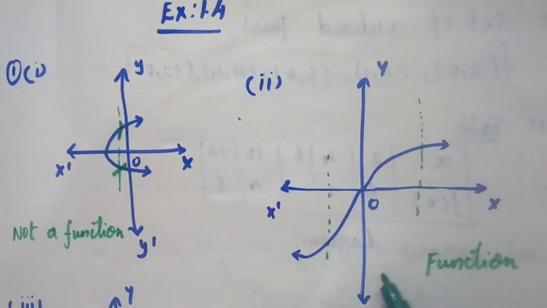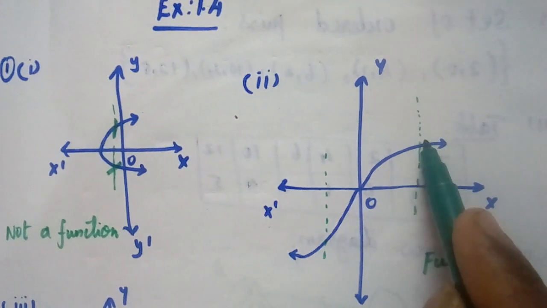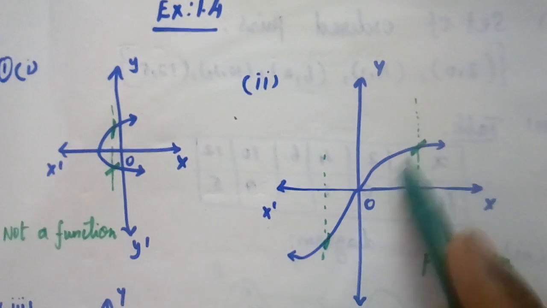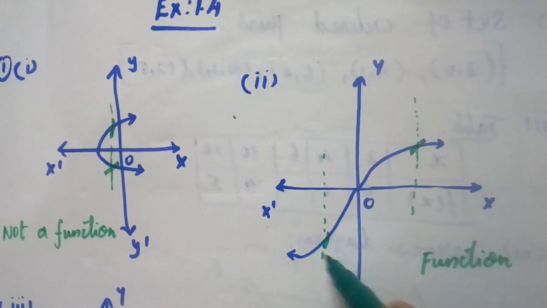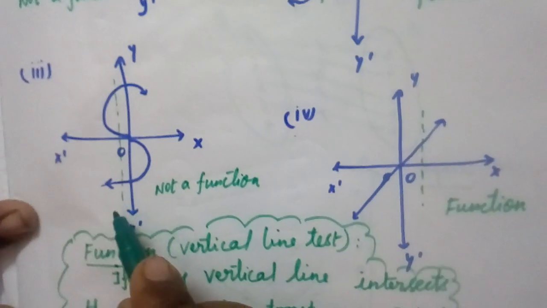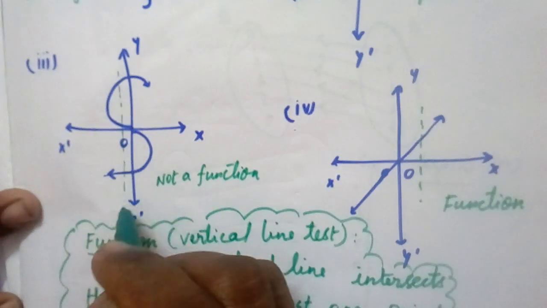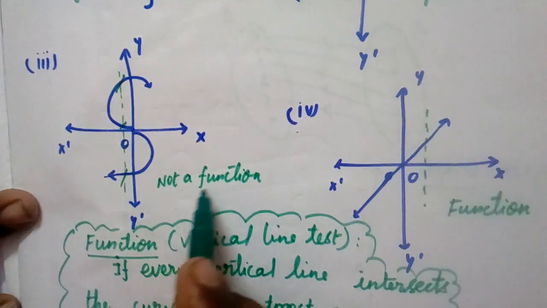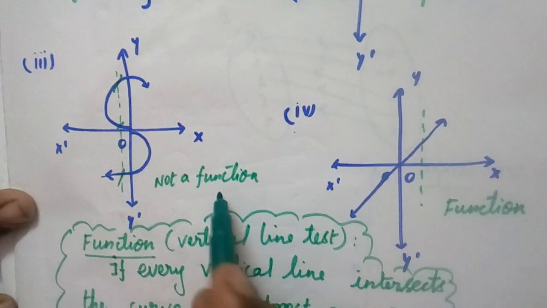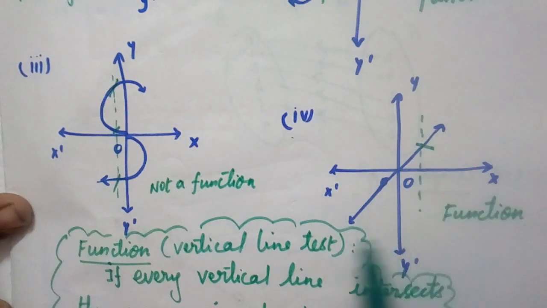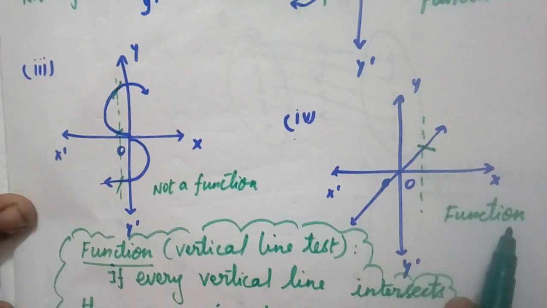In the second graph, the vertical line intersects at 1 point, so it is a function. The third graph, the vertical line intersects at 1, 2, 3 points, so it is not a function. The fourth graph, the vertical line intersects at 1 point, so it is a function.